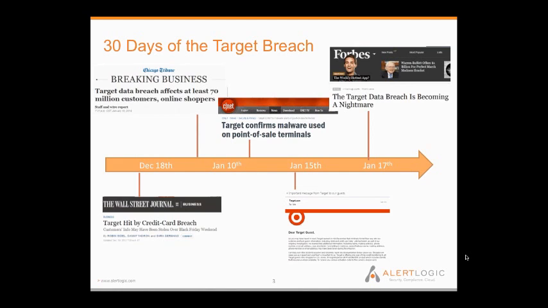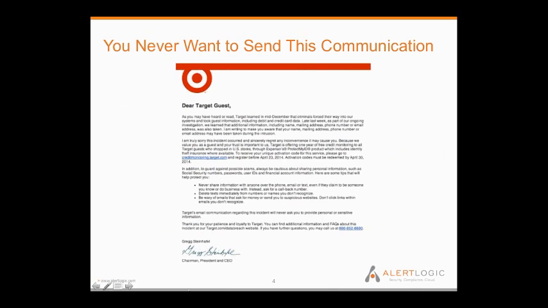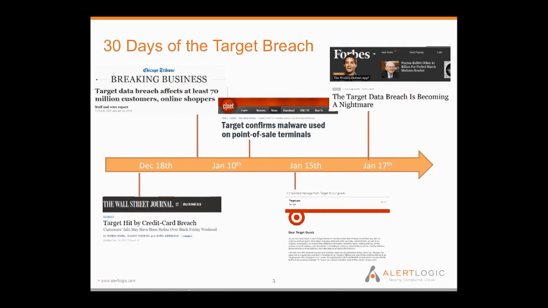Great. Let's get started. As everyone knows, Target was one of the largest breaches in history. We're going to go over some of the timeline of how things originated and initiated an attack. Breaking on December 18th, the Wall Street Journal and Krebs at the same time started coming out with reports that Target had been compromised.